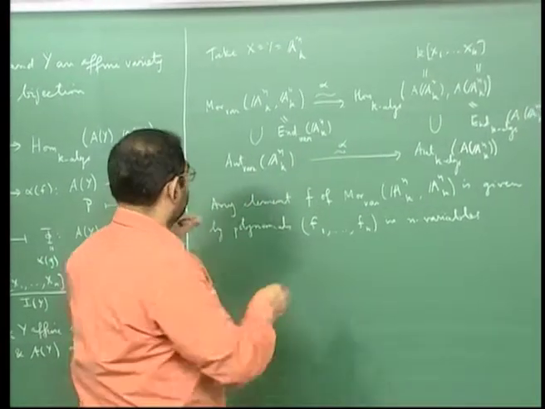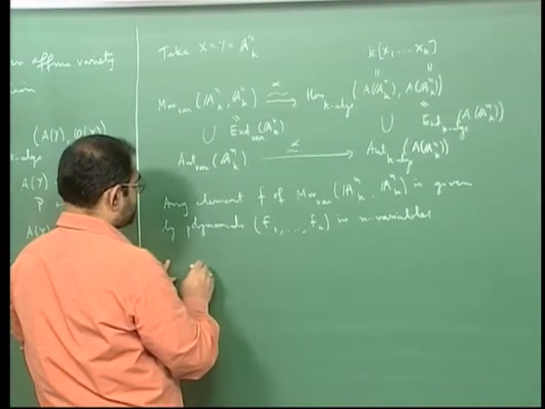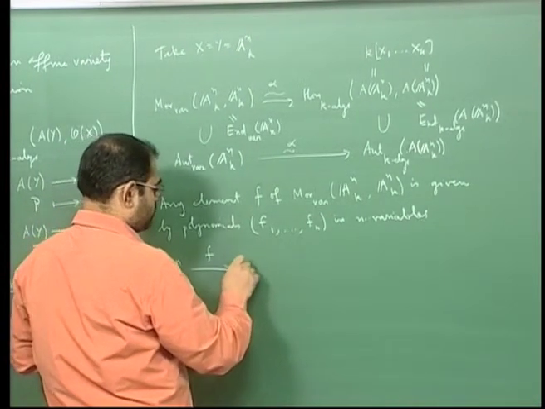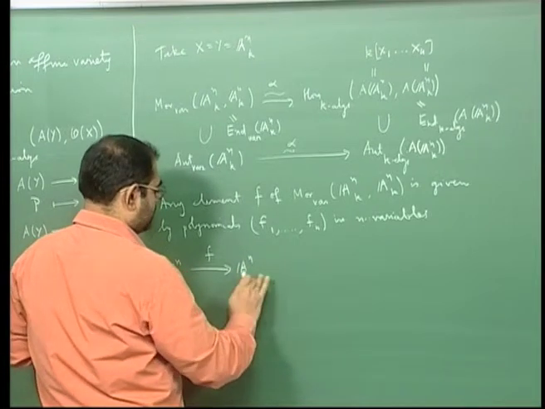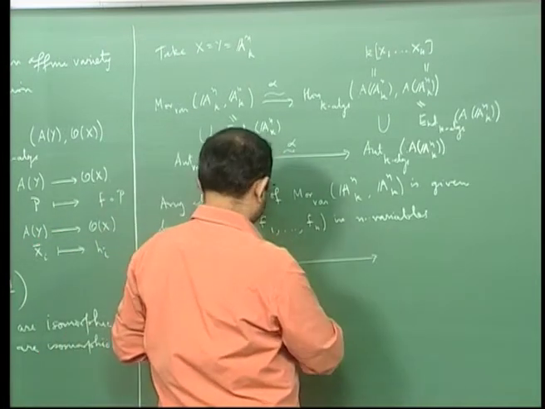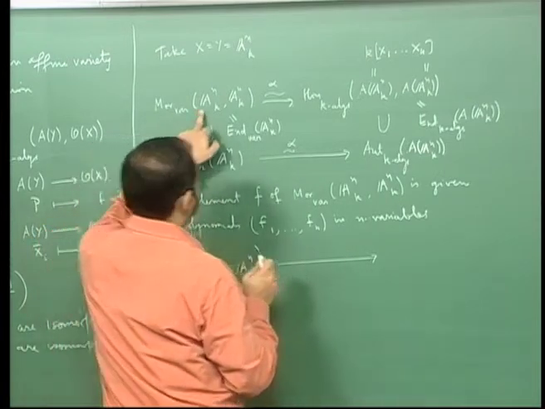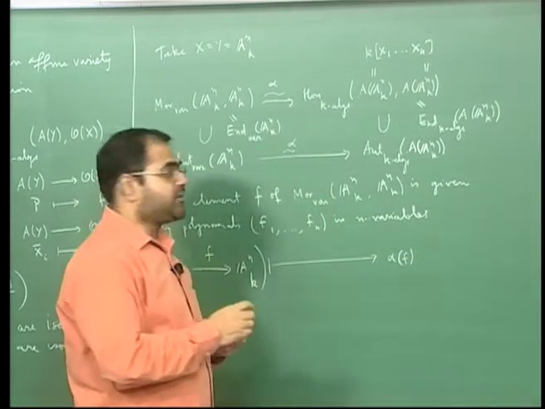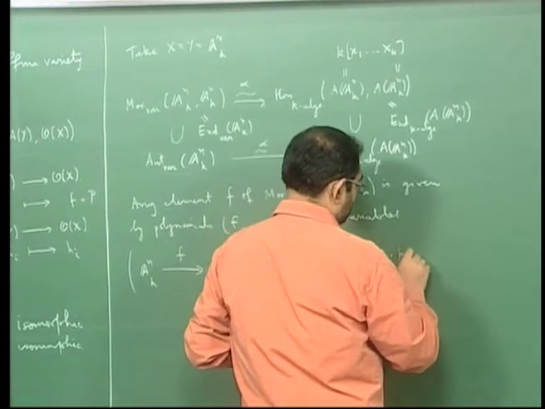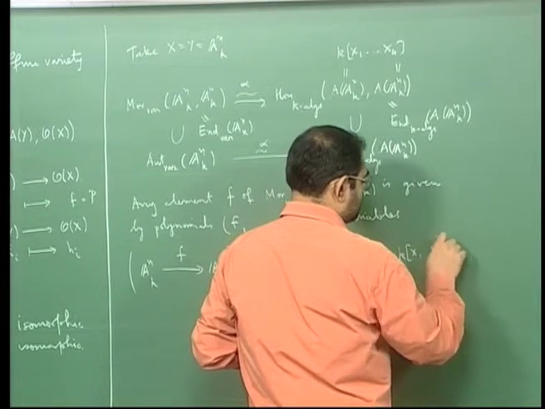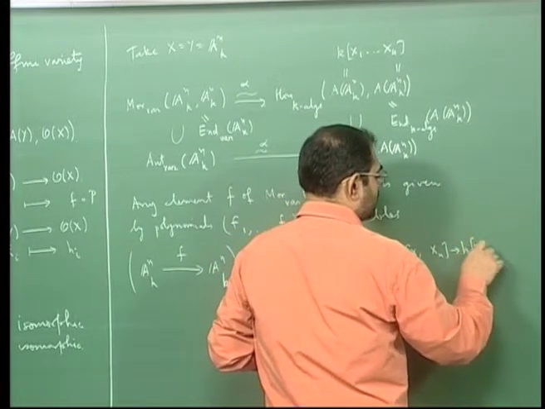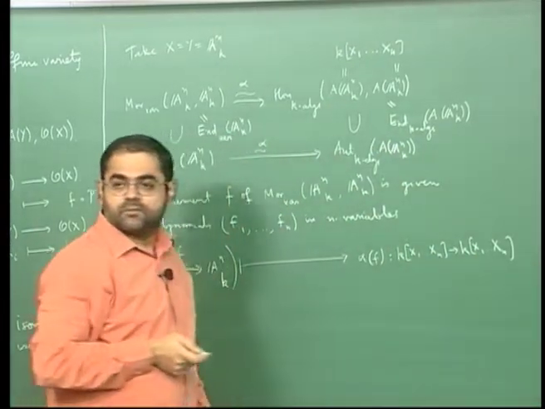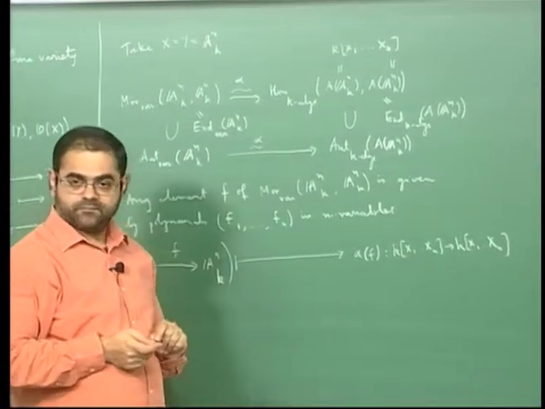So here is my f from An to An, then this is mapped, that's an element here, it's mapped to an element here which is alpha of f, and this alpha of f is a map from k[x1, ..., xn] to k[x1, ..., xn], where I am identifying the ring of polynomials on An with k[x1, ..., xn].